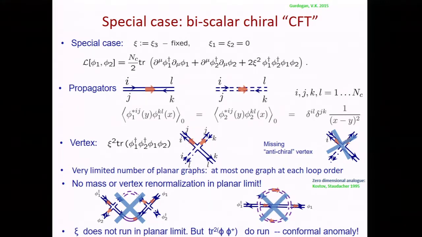But unfortunately, or maybe fortunately, there are double trace couplings which run even in the planar limit. So there is a conformal anomaly, but it's sort of like a tachyon in string theory.